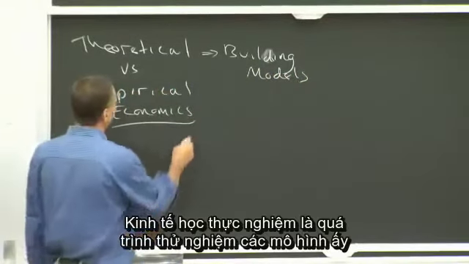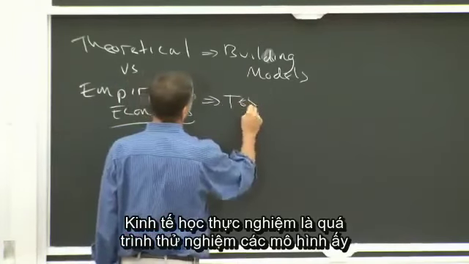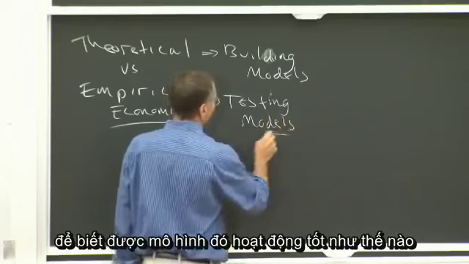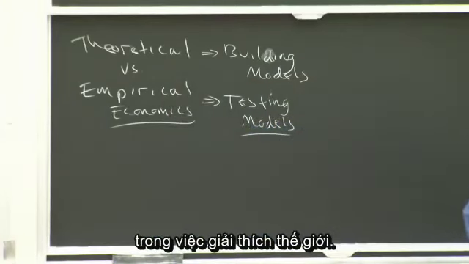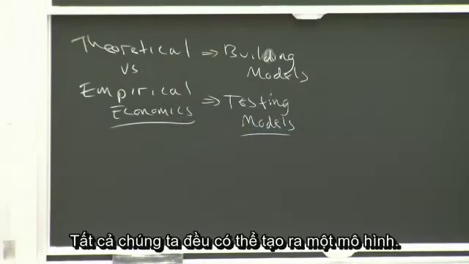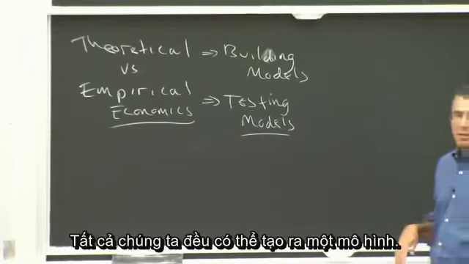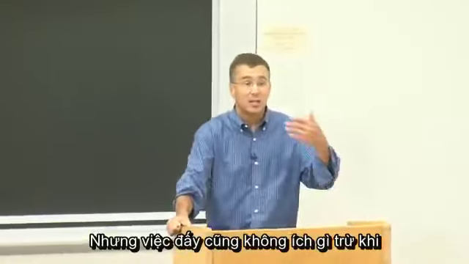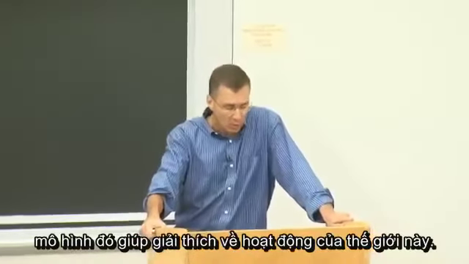Empirical economics is the process of testing those models to see how good a job they do in explaining the world. Okay, we could all make up a model. Anybody who has math skills could make up a model, but it doesn't do any good unless it's actually doing something to explain the world.